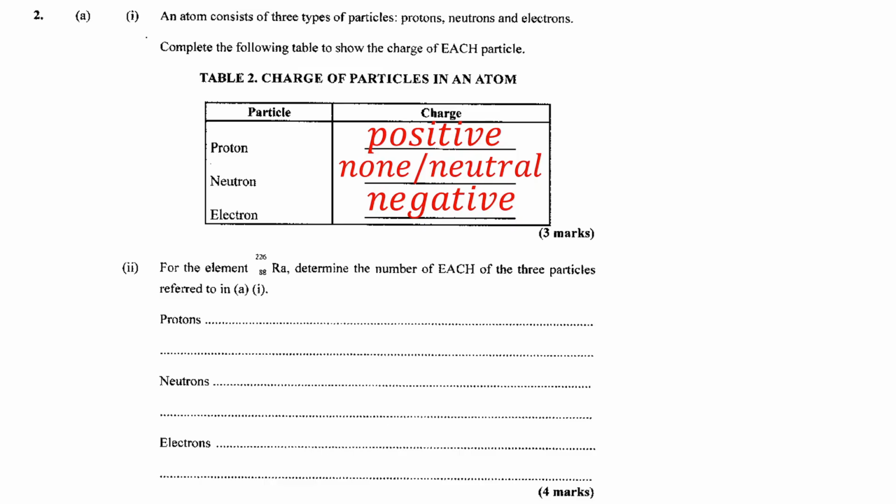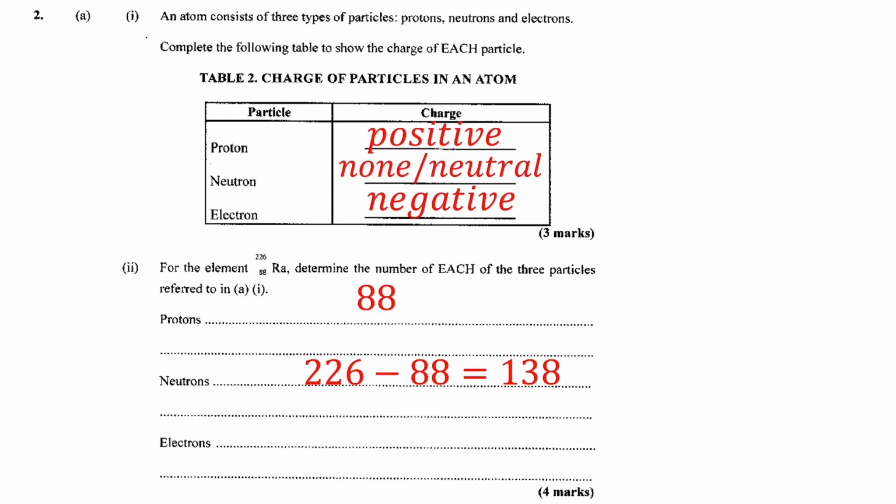The 88 is the proton number, so that's simply 88, how many protons there are. The 226 is known as the nucleon number, which is how many protons and neutrons are in the atom. So if we were to subtract the number of protons, which is 88, from the total number of protons and neutrons, which is 226, we would be left with how many neutrons there are, which is 138.